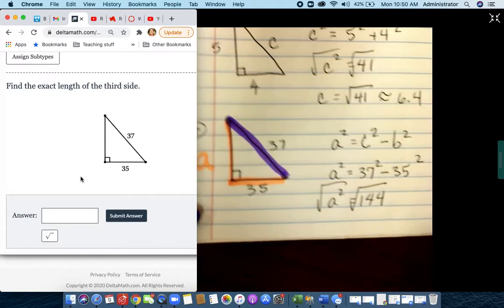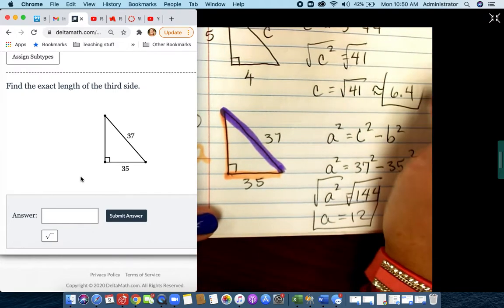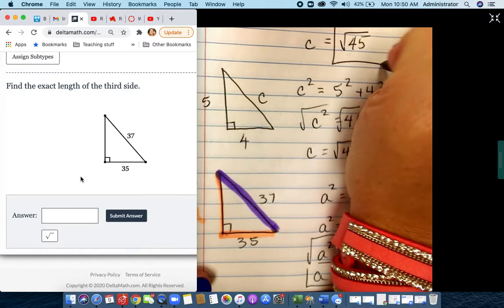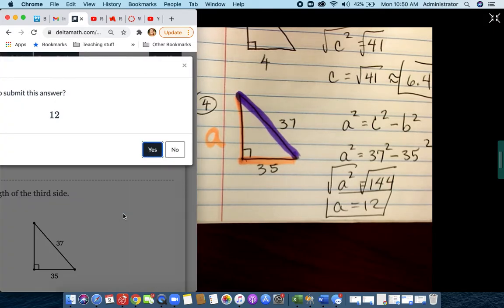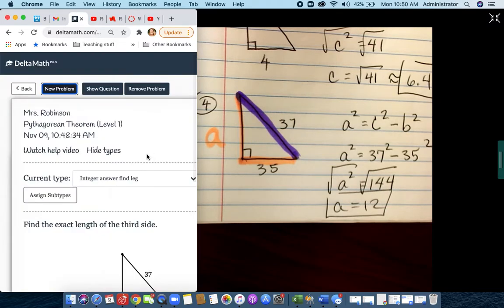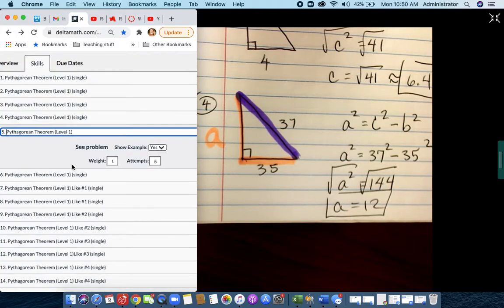So my A value is 12. So that's what I'm going to type in Delta Math. We do exact length, then exact length as an irrational value with the square root, and then rounded. So that's the order I'm going.